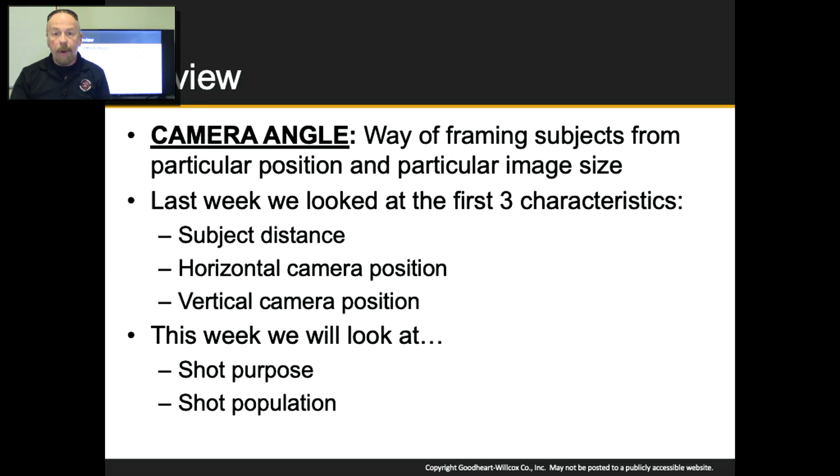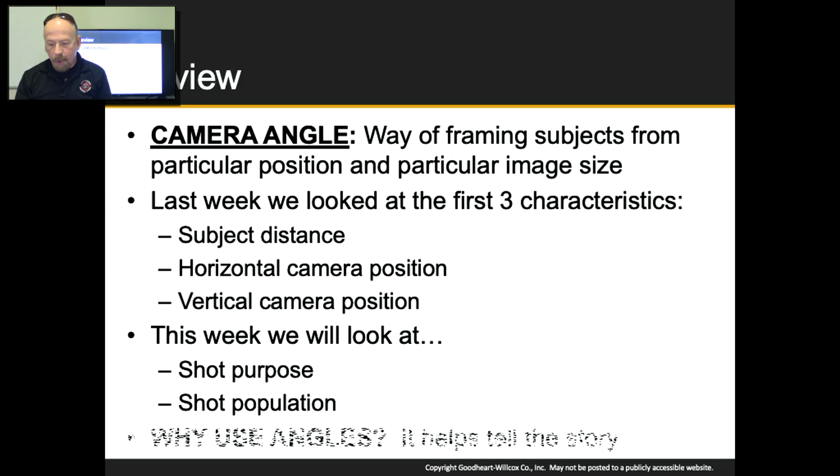Now, why do we use angles? We use angles to help tell the story, very much like when you're reading a book and you turn the page and here's your text, and in the middle of the text there's a picture that reflects something in the writing. Using camera angles helps us tell the story.